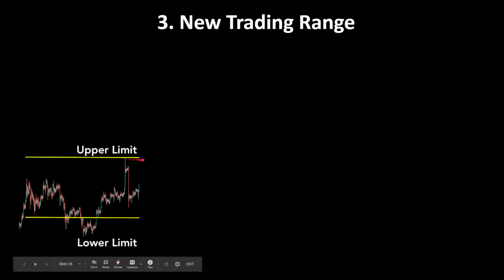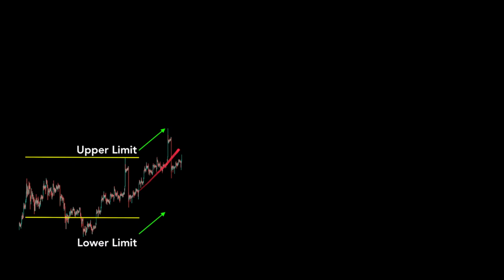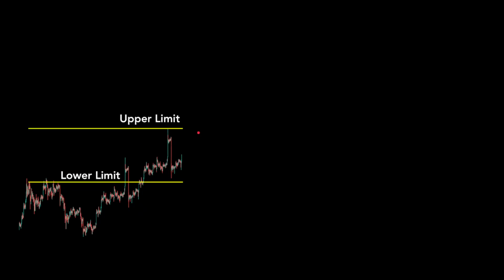So now your upper limit price is somewhere around this new higher high, and of course your lower limit price will also move higher. What happens if the price establishes an even higher high, like a new one over here? The trading range will follow in this case.